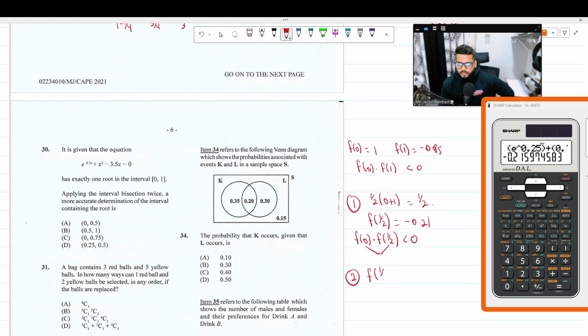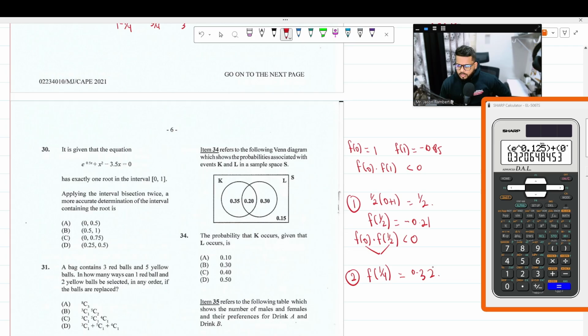So we get f of a quarter equal to, 0.5 by 0.25 is 0.125, so e to the power of 0.125 plus 0.25 squared, minus 3.5 into 0.25, is positive 0.32.